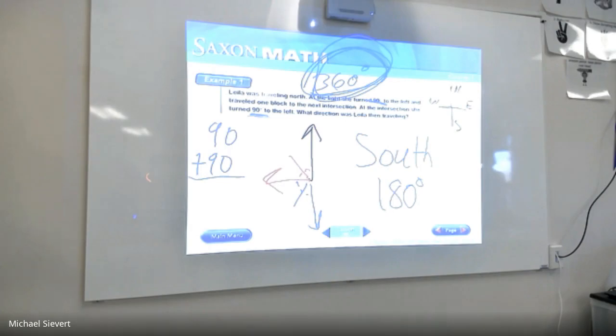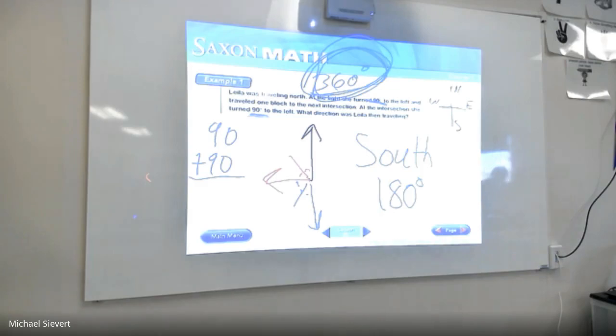Turn 90 degrees to your left. What direction are you facing, class? West. No, that's 45, but 90 is that. Now, turn to your left one more time, 90 degrees. What direction are you facing now? South. So now you may have a seat.